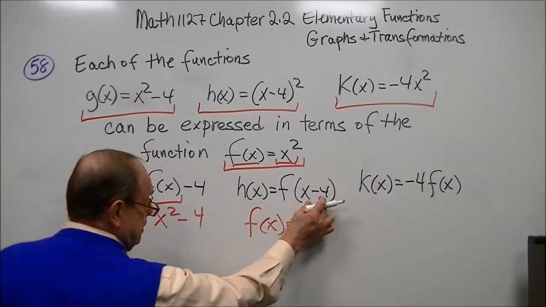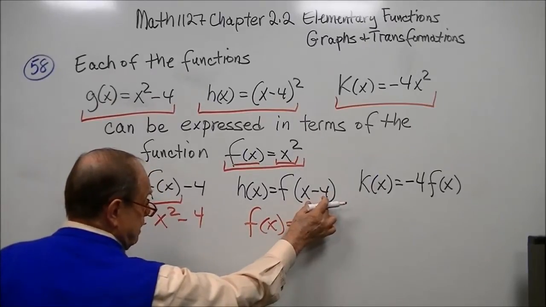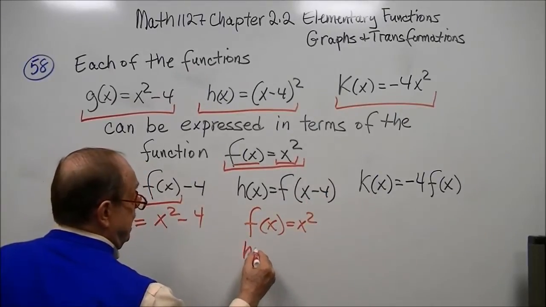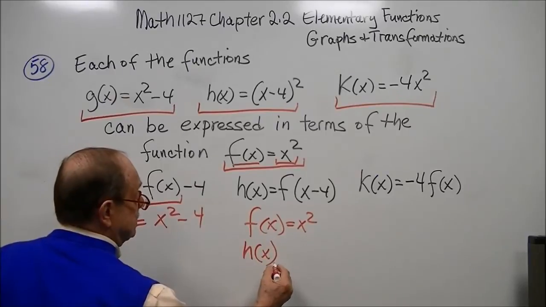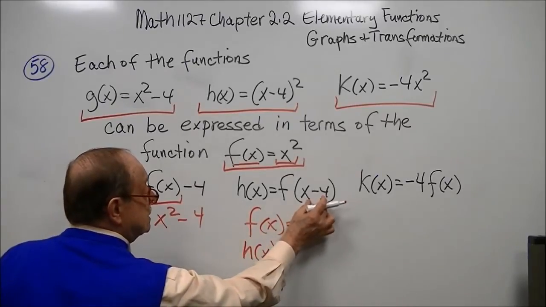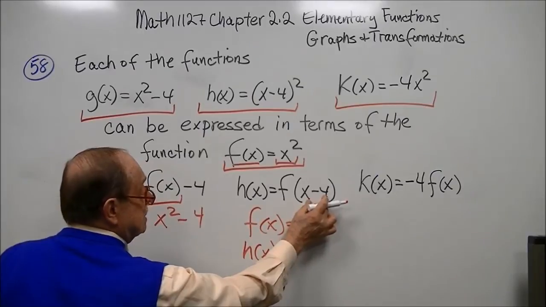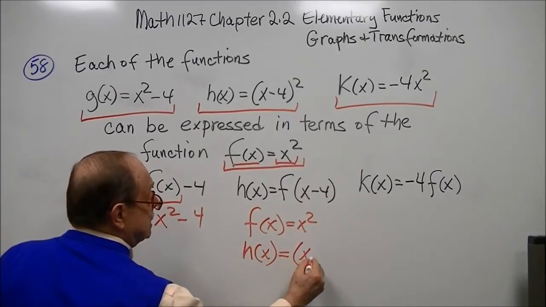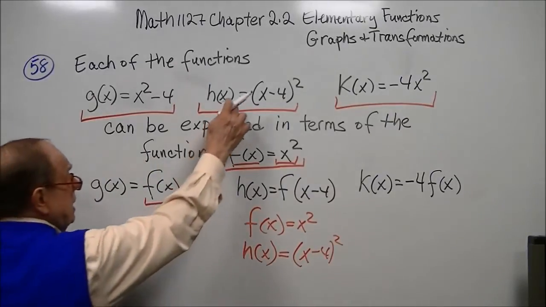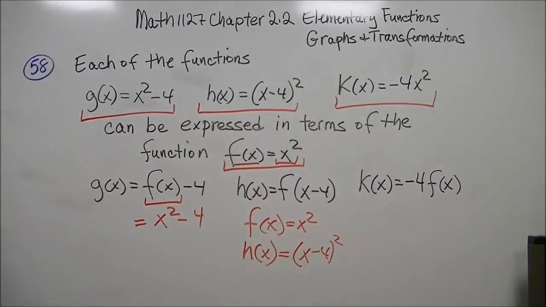So this is going to be our x value. So we can then write it as h of x equals, now remember this stands for our x, and we would get x minus 4, the quantity squared. And that's where we are.